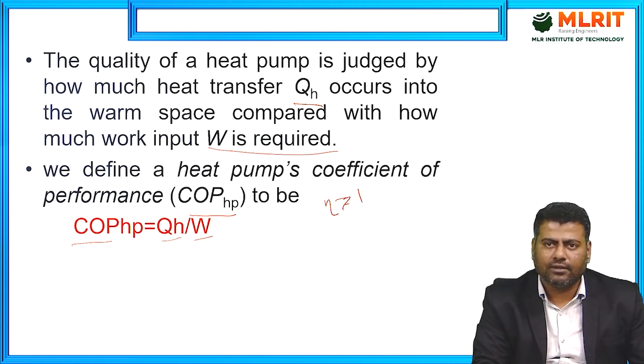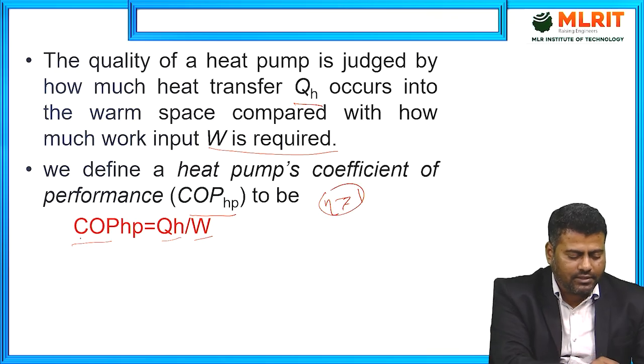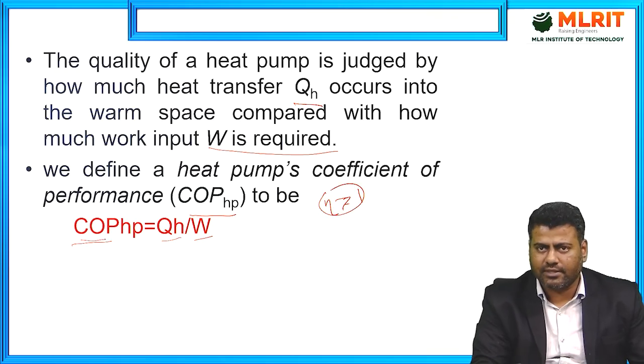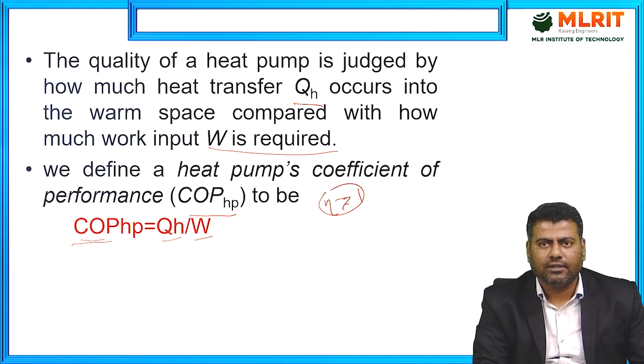We know that the efficiency of an engine, for ideal cases, we assume is 100%. 100% is nothing but 1 unit, so it is always less than 1. That is why we term it with different terminology, coefficient of performance instead of eta, because we are going to get greater than 1 for this calculation. So we say COP instead of efficiency, right?